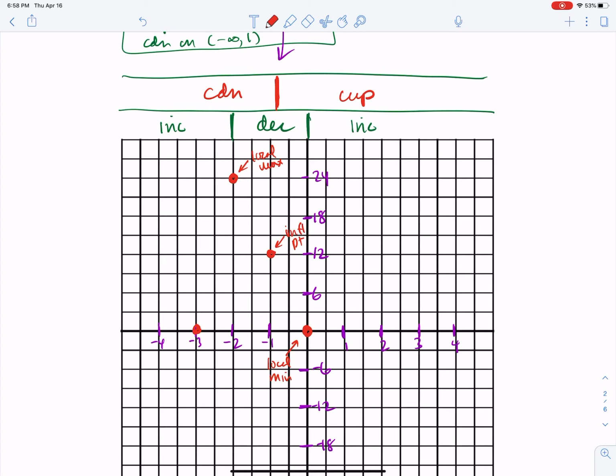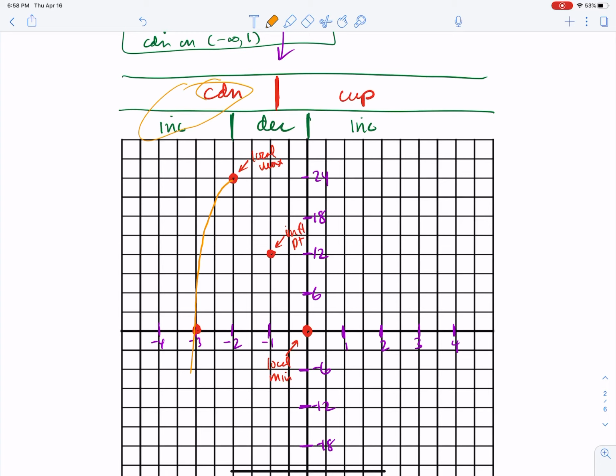So let's try to connect these dots that I've drawn. I'm starting off over here. My first piece is to look at this combination of increasing and concave down. And so I'm going to have something that looks like that.